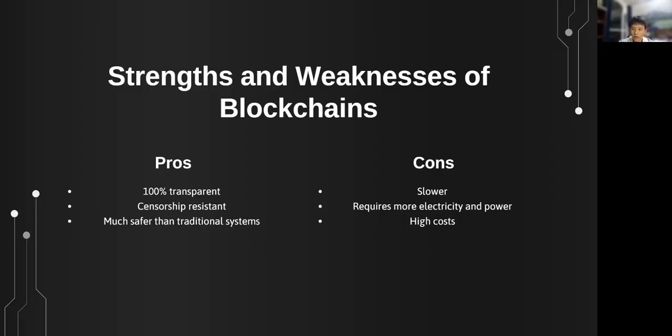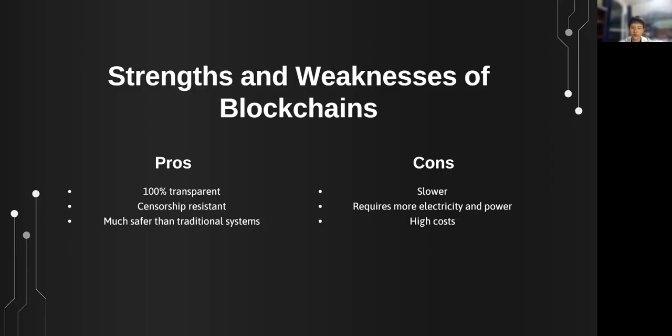So, is there any loophole in this block system? I wouldn't say there's any loopholes. You can't really hack a blockchain or steal data from a blockchain. Of course, there have been attacks, for example on blockchain exchanges, but that's not to do with the blockchain itself, it's to do with the exchange.